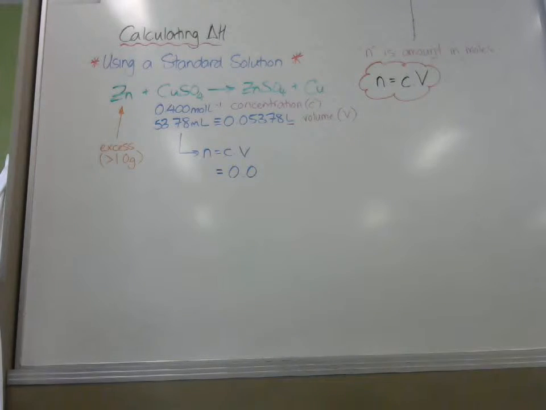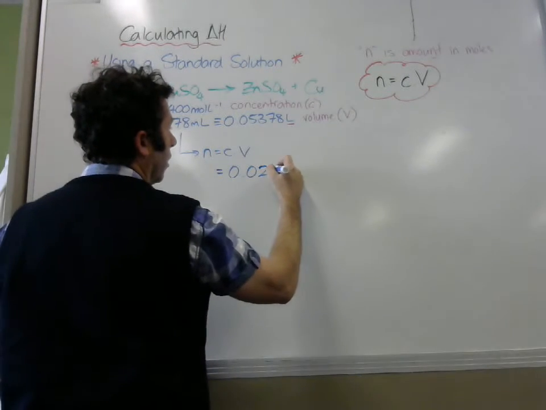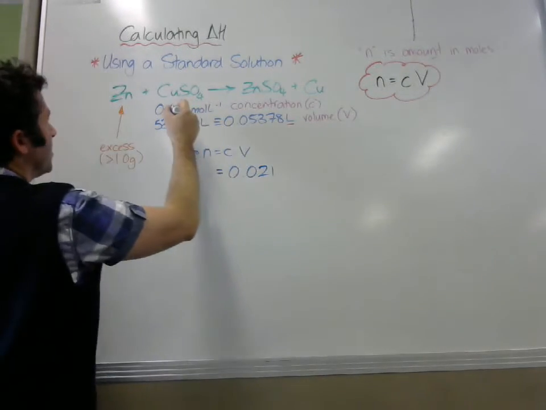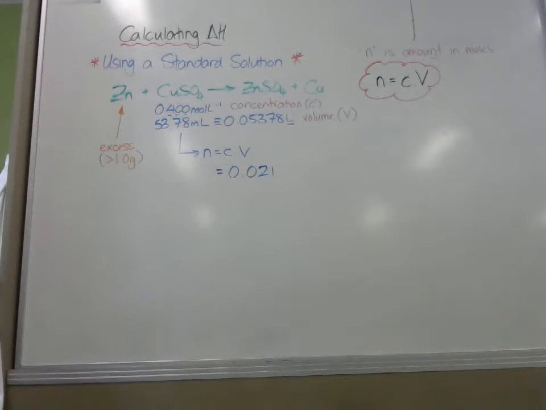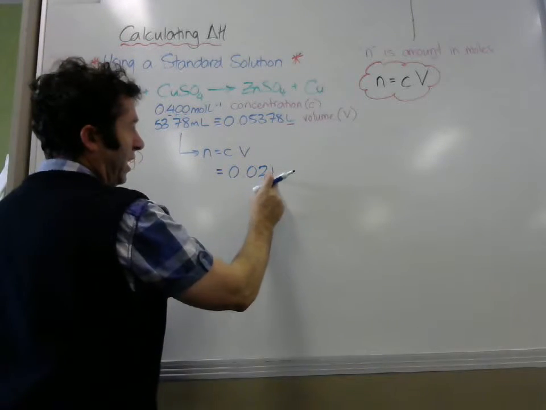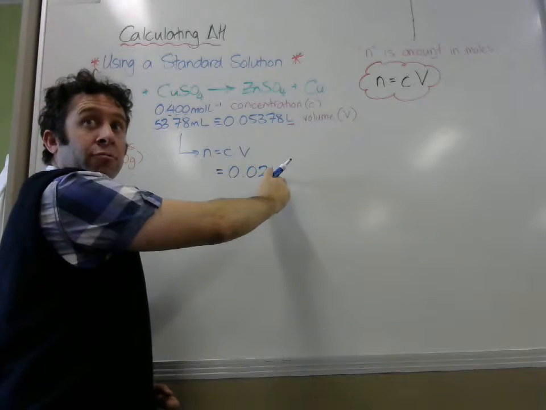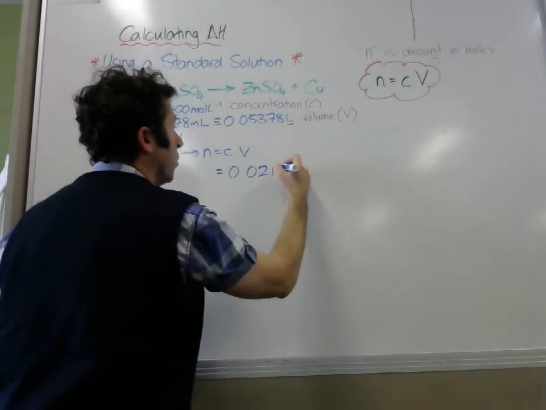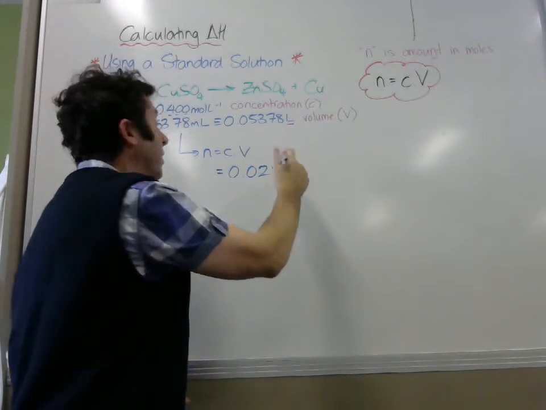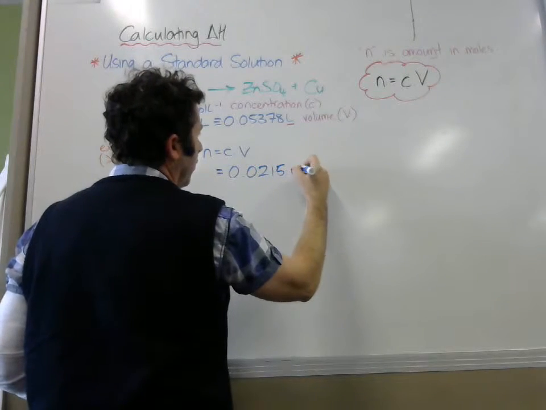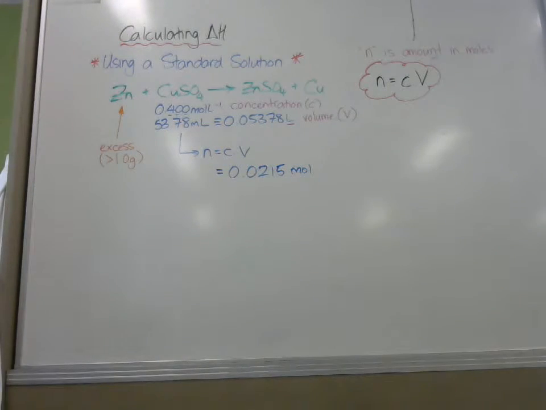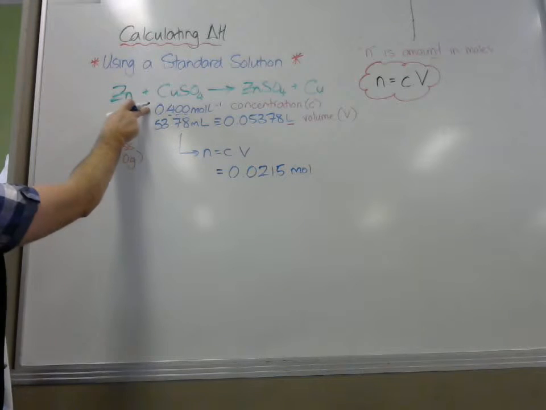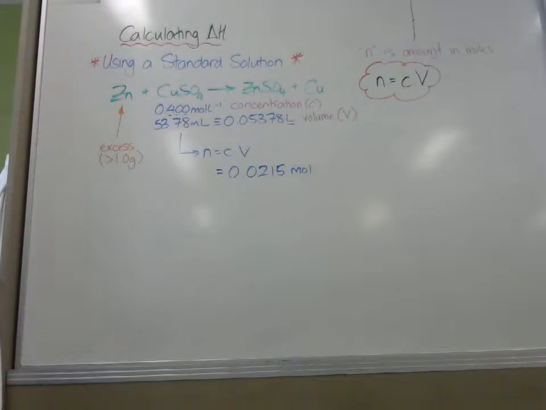I'm happy with this. 0.021512. Okay, because this has only got 3 significant figures, I'm only going to ask for 3 things, the 2, the 1, and then the rounded off 1.5. What's the number after the 5? 1. Cool, awesome. Okay, and the unit there is moles, mol. That's enough precision for us, because there was only 3 in my standard solution, so that's enough for us.